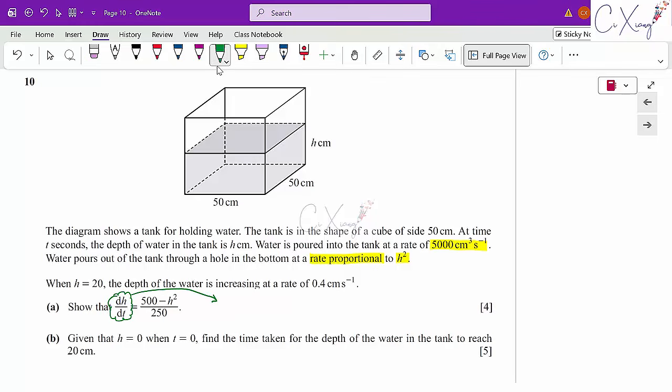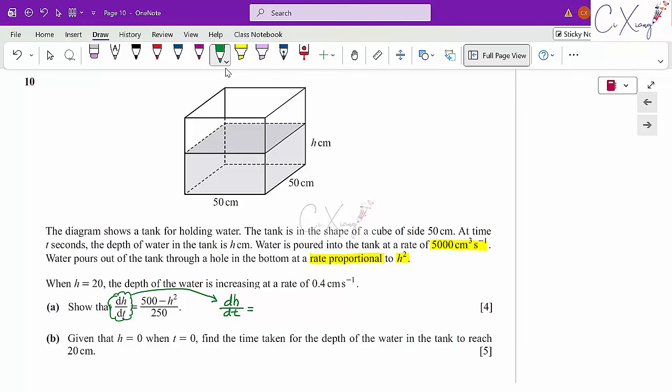To get the dh dt, you might need to apply the chain rule, where this question they are talking about the volume because they said water is poured into the tank at the rate of 50,000 cm cube. They are talking about the volume.